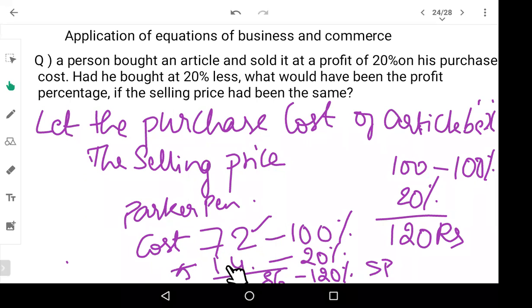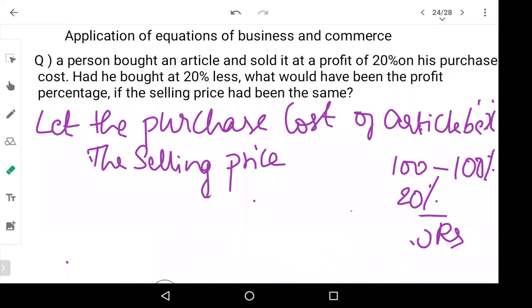So now you are selling that Parker pen to one of your friends at 86 rupees. So this 86 rupees, I can say it as 120% of the cost price. Are you all able to follow? Did you understand? 120% of the cost price? Okay. So the same logic is being used here, saying 120% of the cost price.